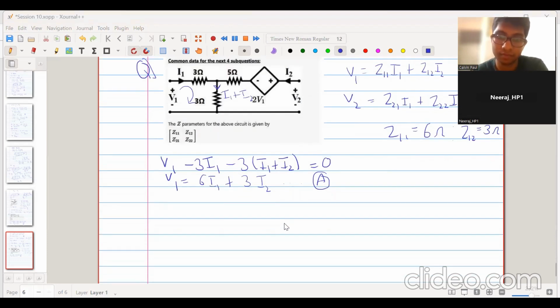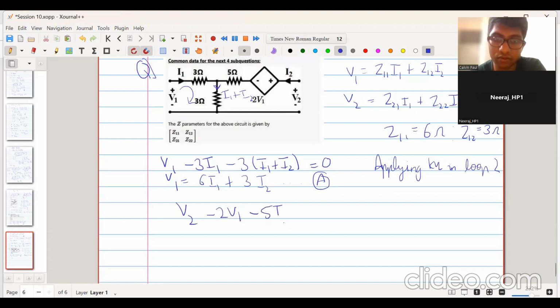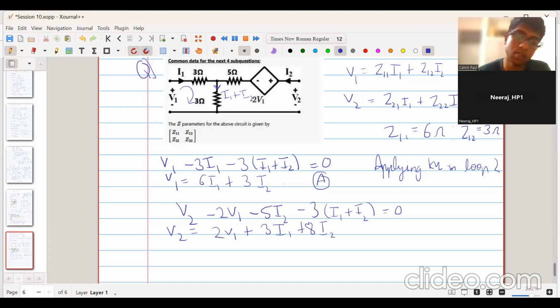We get minus 2V1 minus 5 into I2 minus 3 into I1 plus I2 is equal to 0, plus V2 going from minus to plus. So we get V2 is equal to 2 into V1 plus 3 into I1 plus 8 into I2. Okay, this is by simple algebraic manipulation.